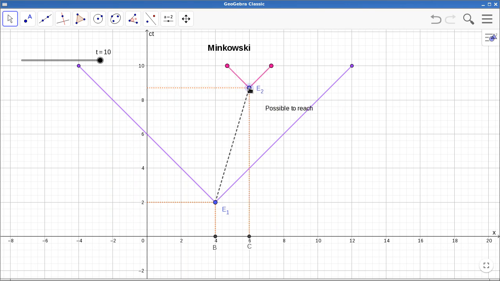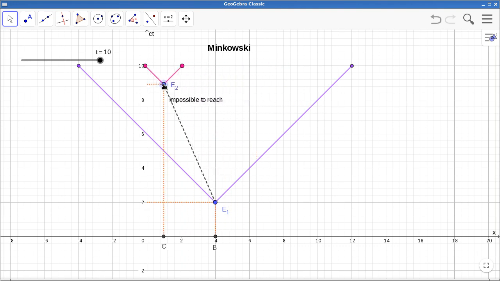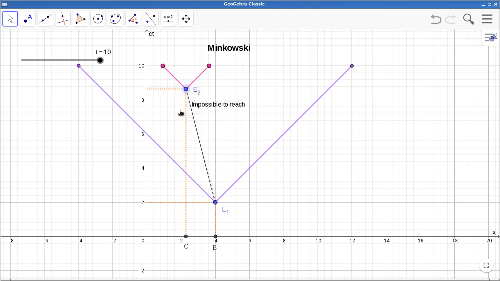And now if the event E2 lies here, then we call E2 the future of E1, because E2 can be reached by sending something from E1, either a light signal or something else. It is possible, so hence E2 is the future of E1.